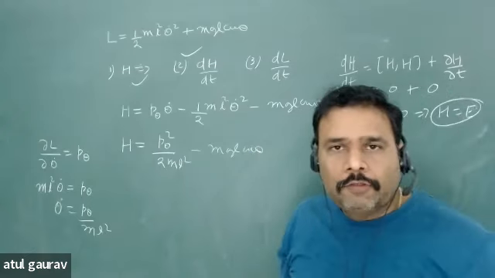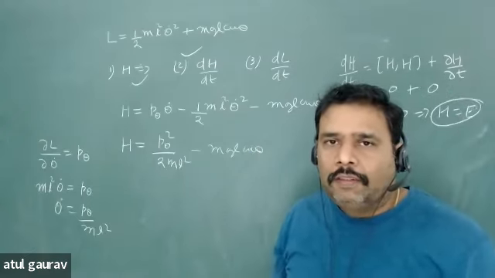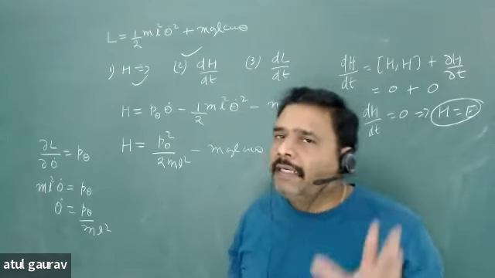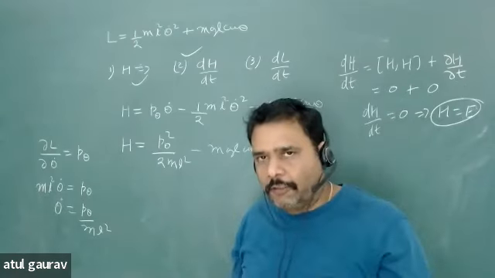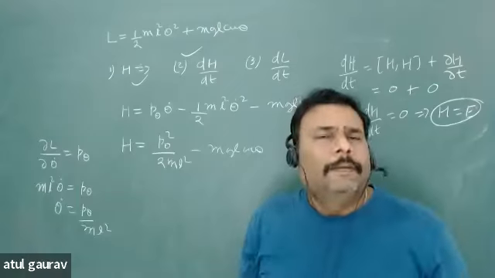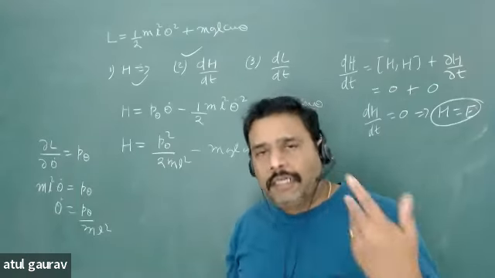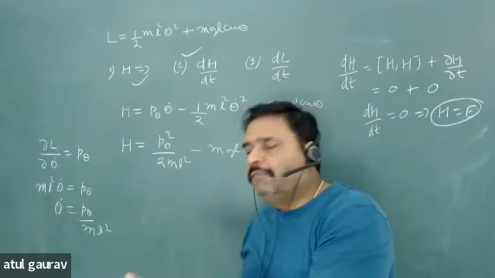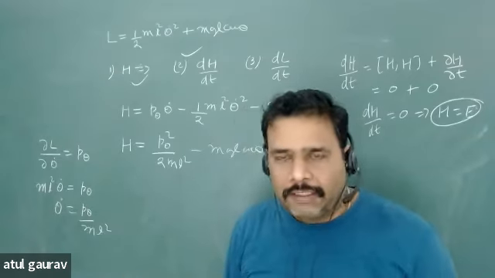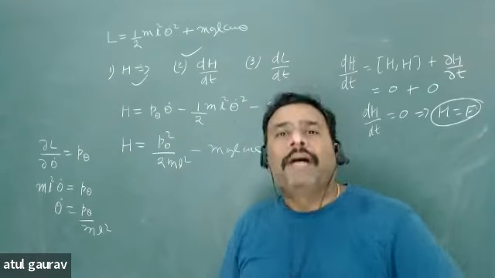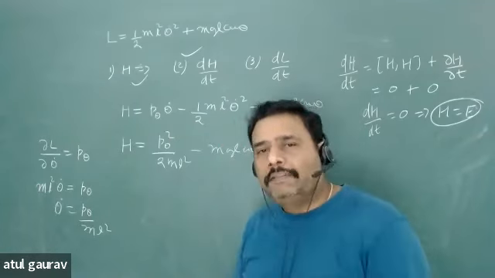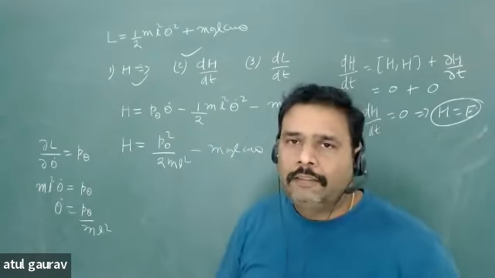Only then will we be able to use the Poisson bracket. I am 100% agreed that the Lagrangian is a function of generalized coordinate and generalized velocity. But we know that the generalized velocity and generalized momentum are related to each other. So we can mathematically replace our generalized velocity with the generalized momentum.